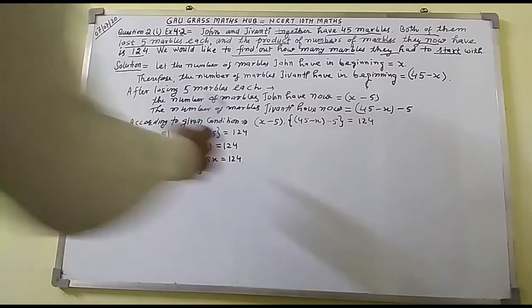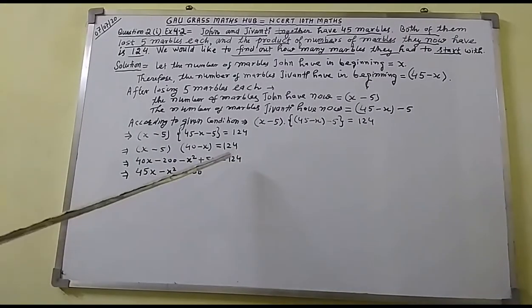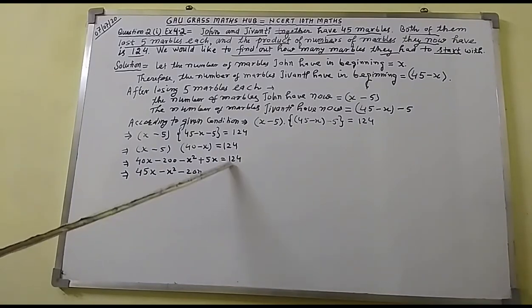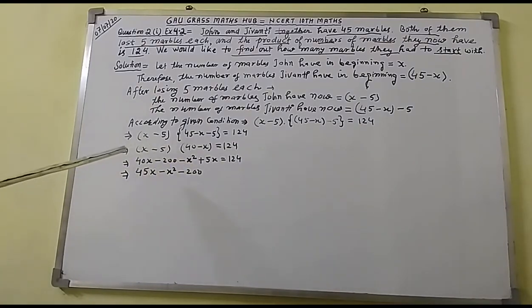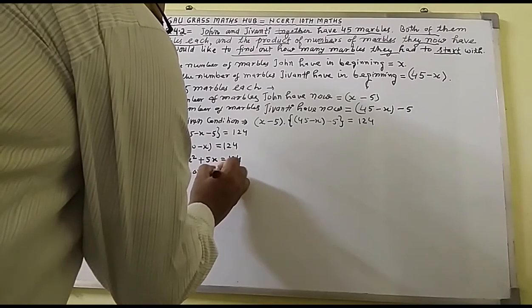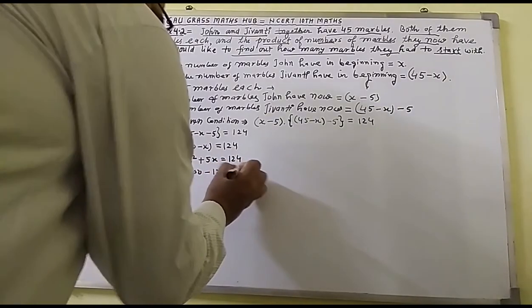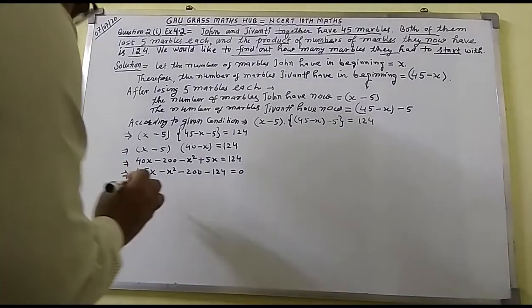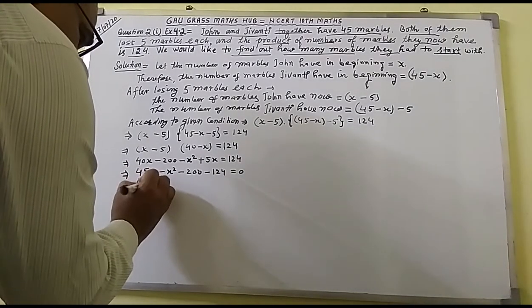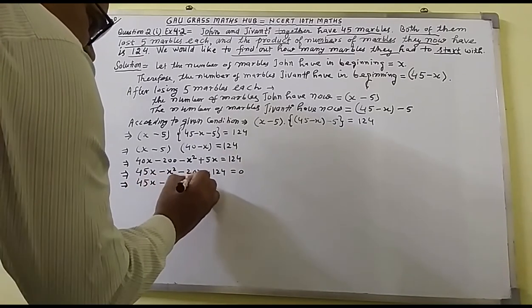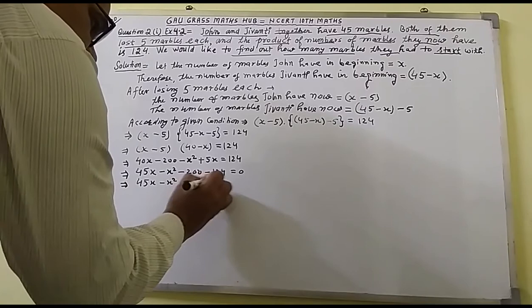The plus 124 on the right hand side will be brought to the left hand side, and it will become minus 124. Minus 124 is equal to 0. This implies 45x minus x square minus 324 is equal to 0.